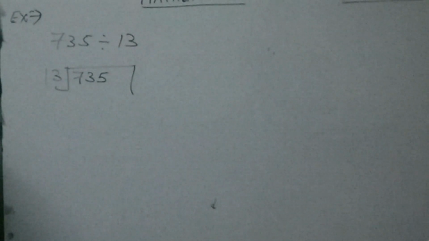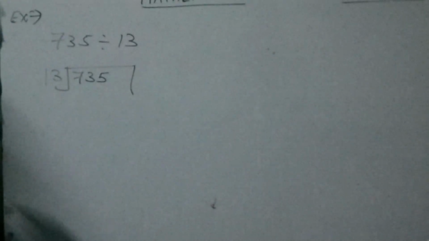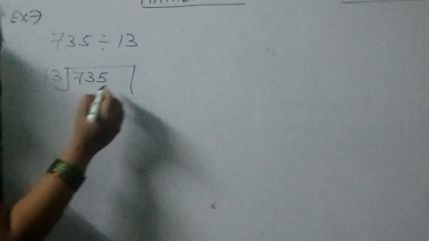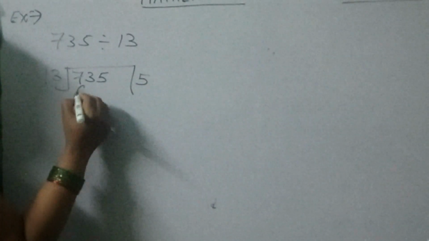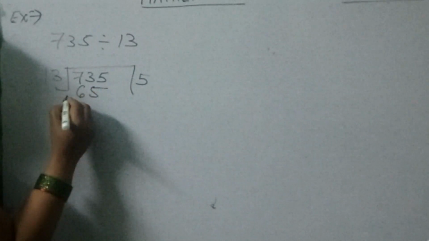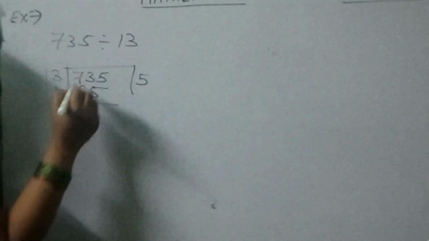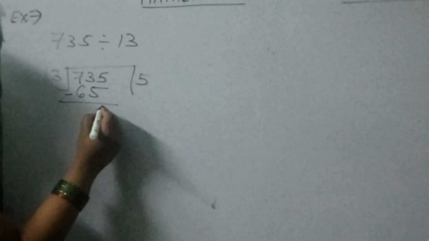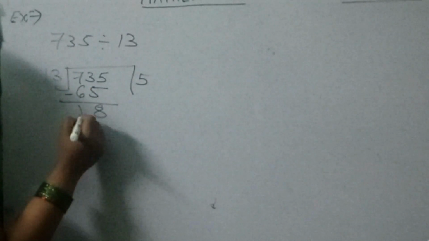Read the table. How many times will we read 13 fives? 13 fives are 65. Subtract the number: 13 minus 5 is 8, and this one will be 0.